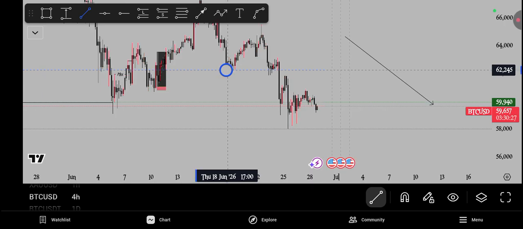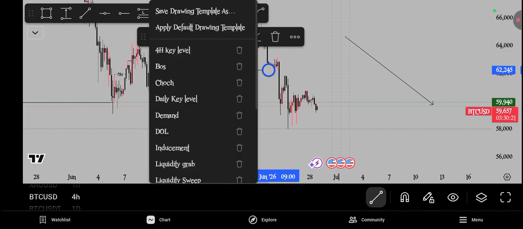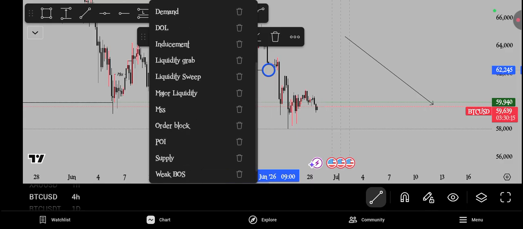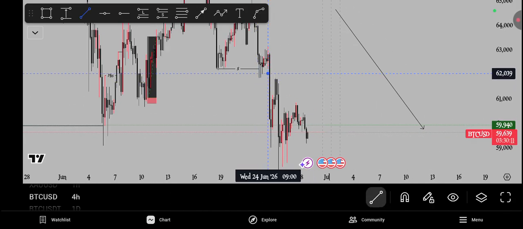You have this break of structure. I'll just call it weak POS. Or should I call it liquidity sweep, because structure isn't broken, it's a body.